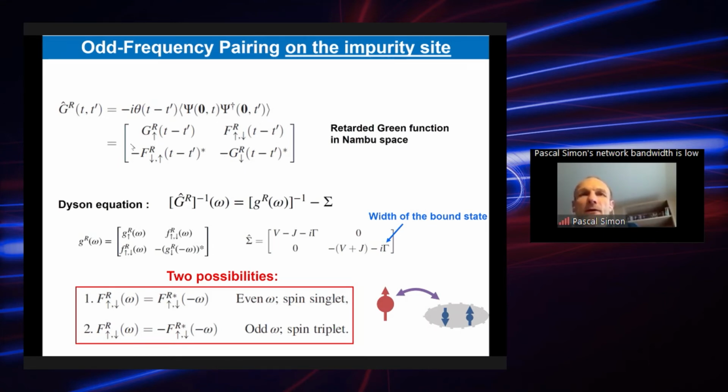And I'm interested in these off-diagonal terms, which encapsulate the pairing correlator. As I said, I will only focus on what happens on top of the impurity, so I can forget about the orbital degrees of freedom, and on top of the impurity I have only two options: standard even frequency pairing and spin singlets, or odd frequency pairing and spin triplets, which satisfy these two properties.